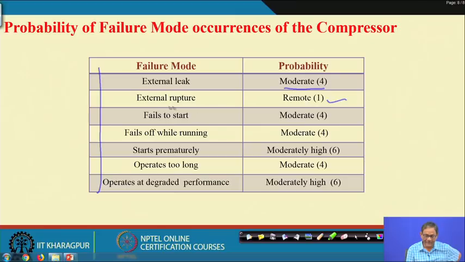What is the probability that it fails to start? Again moderate. Like this, depending on the system knowledge and operation knowledge, you find out these probabilities with reference to the scale given. So, for all the failure modes with reference to the compressor, the probability value is now quantified, though subjective, but we are putting a numerical value between 1 to 10.